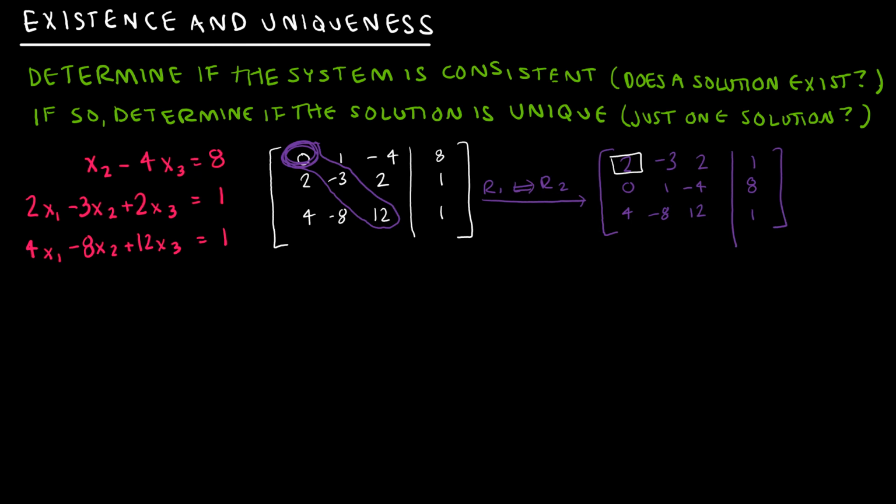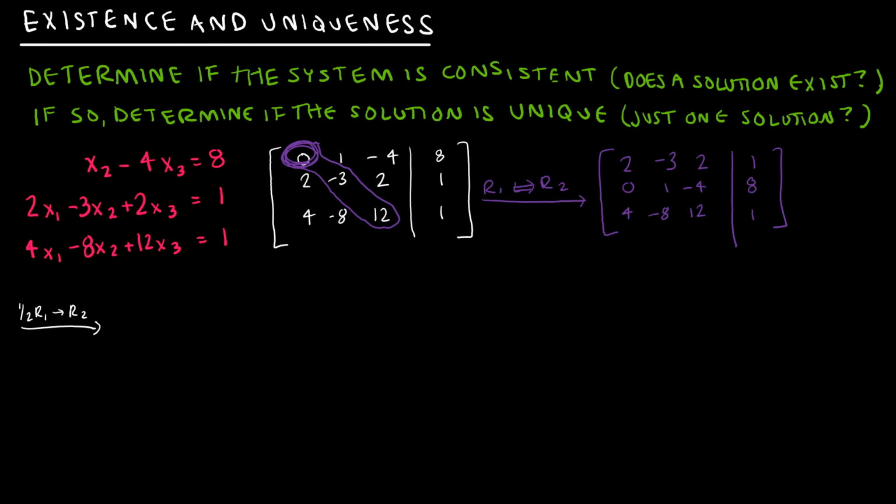Now I'm going to try to get that to be a 1. According to the correct algorithm, I don't need it to be a 1, I just need it to not be a 0. I like to have a 1 there, so that's what I'm going to do next. I'm just going to take half of everything in row 1 to be my new row 1.